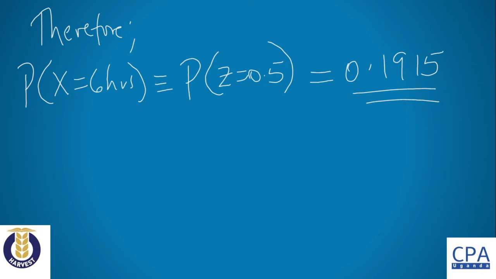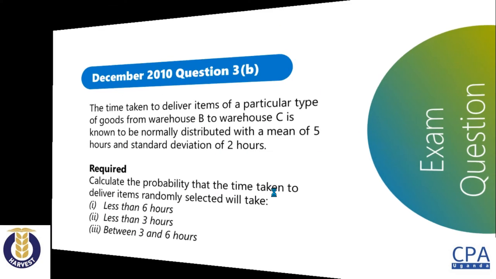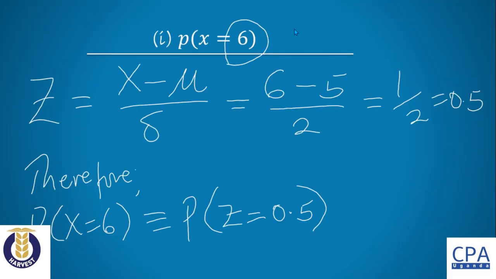Just maybe to review the steps. Step number 1, depending on what you're given in the question, you represent that mathematically. And of course, this is not part of the question, but I'm just using it to clearly explain the difference between equal to, less than, greater than.